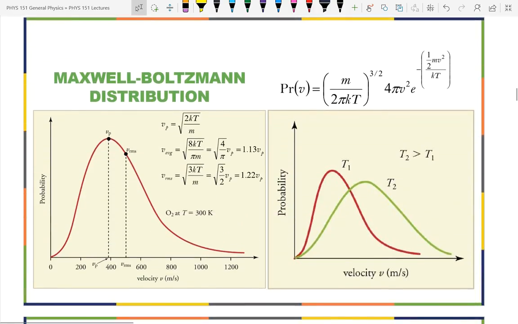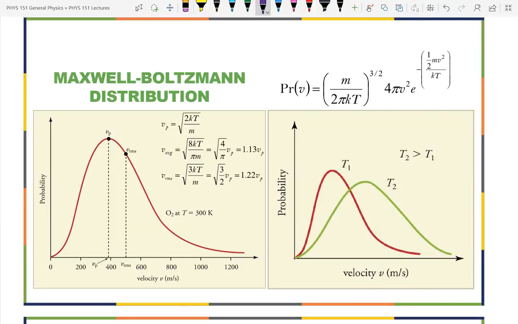Okay, now to Maxwell. Maxwell and Boltzmann did statistical calculations for the collisions of atoms, if you have a whole bunch of atoms in a gas, and they came up with this equation that says PR is the probability of having speed V for a given atom or molecule in an ideal gas is given by this equation that has to do with temperature, the mass of the molecules, and the speed of the molecules.